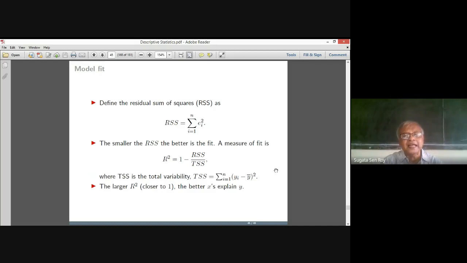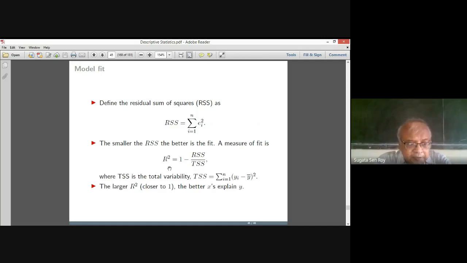But again, as I said, you look at the R square. If the R square is high, then you know that the x's are a very good explanation of the y's, and you can use the regression model. If the R square is low, then these x's are not sufficient to explain y.